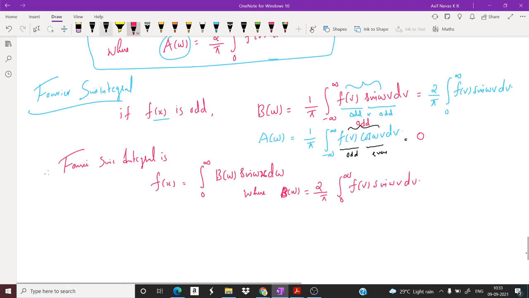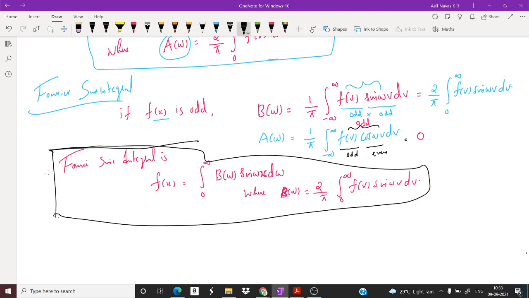So you have got it? This is Fourier sine integral. So we have studied Fourier sine integral and Fourier cosine integral.